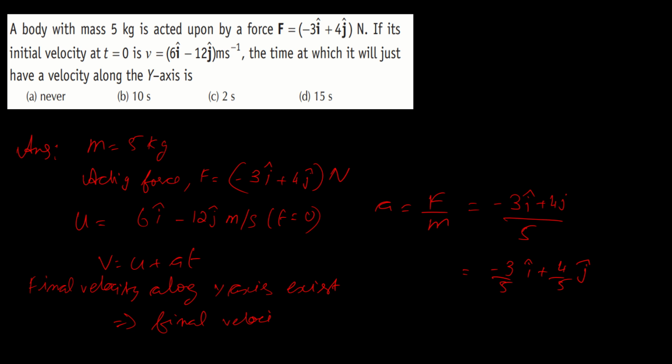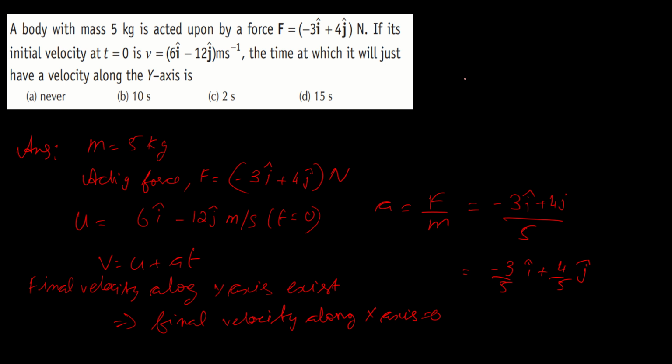That means there is a final velocity along the y-axis, but there is no mention of final velocity along the x-axis, which means we can say that final velocity along the x-axis is equal to 0. So with the help of this we can find the answer.